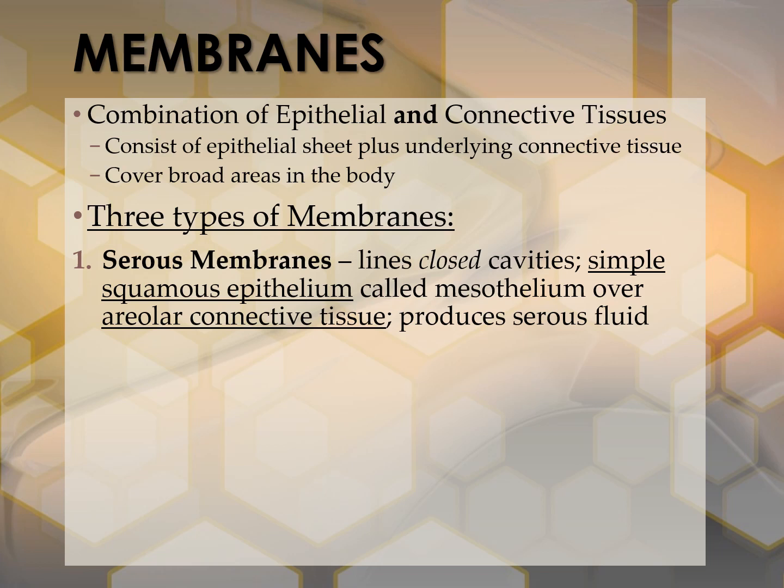So remember we said that there's going to be 2 membranes that are going to make up that serous cavity, right? You have a parietal membrane and a visceral membrane. Well, the membrane itself is made up of simple squamous epithelium, which we call a mesothelium, but you don't have to worry too much about that, over an areolar connective tissue.